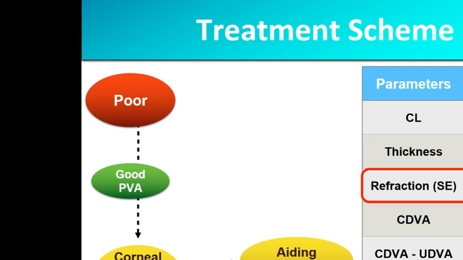Now, refraction. Glasses are not good for such refraction. There is another reason why glasses are not good: because corrected visual acuity is 0.4. The potential visual acuity is good, but corrected visual acuity is 0.4.